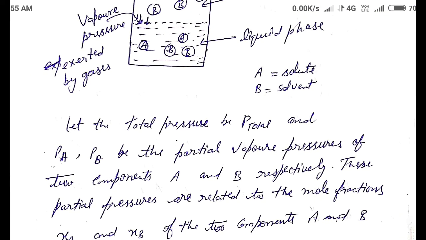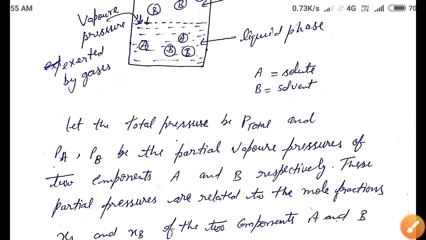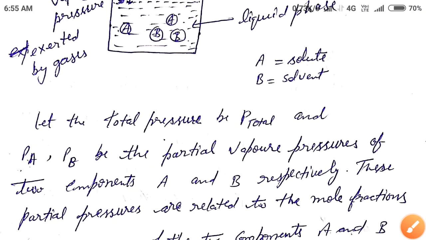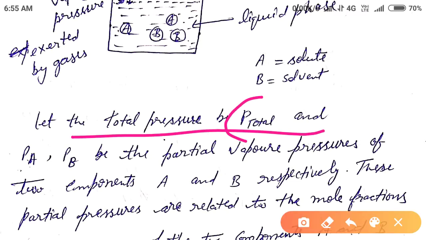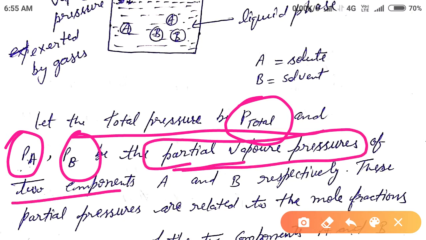Now let the total pressure be P total, and PA and PB be the partial vapor pressures of the two components A and B respectively.